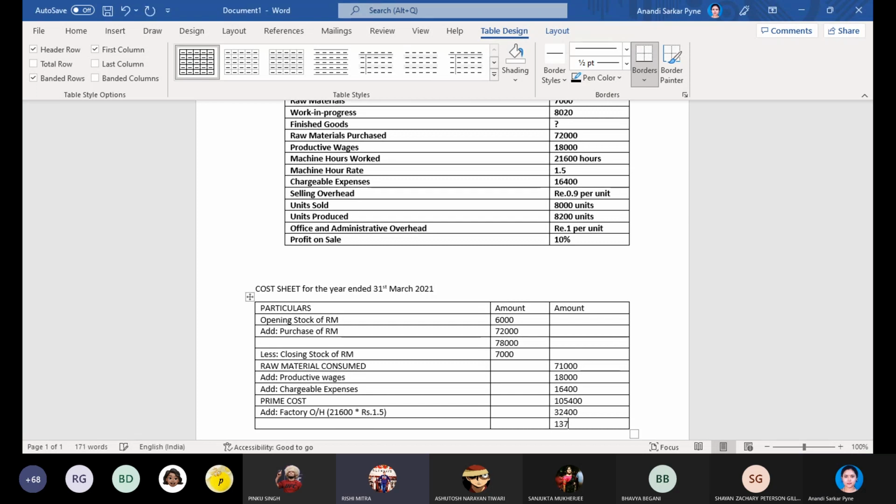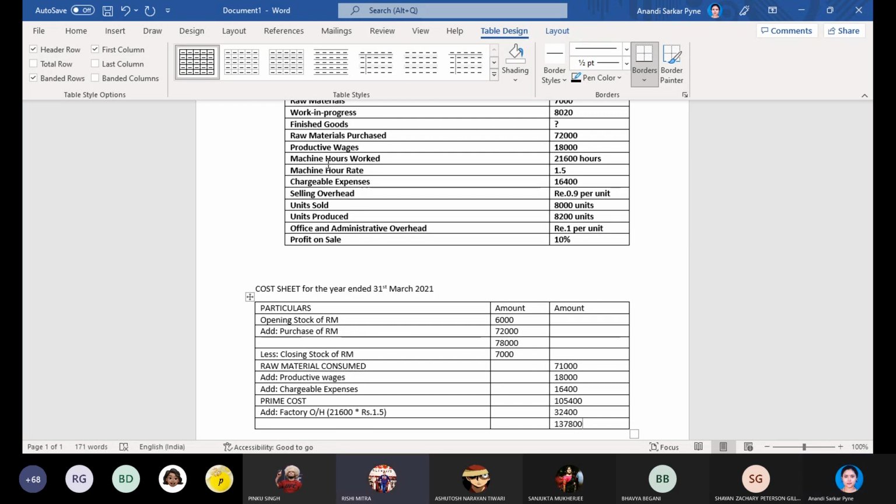Ma'am, in this factory overhead calculation I'm facing a bit of a problem. Why are we doing it with machine hours? Where do you operate machines? Ma'am, in industries and factories only. Factory only we operate machines. If the machine worked for 5 hours, then per hour what is the rate of operating a machine? If it's rupee 1, then the industry incurred a cost of 5 into 1, that is rupees 5.